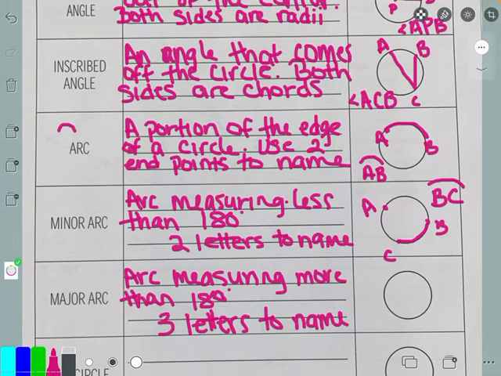So again, if I were to put those same dots on this picture, and then I went from B to A to C, I wouldn't call it BC because I would think it's the smaller side, so I would name it in the order I touch the dots, BAC, with the arc over it.